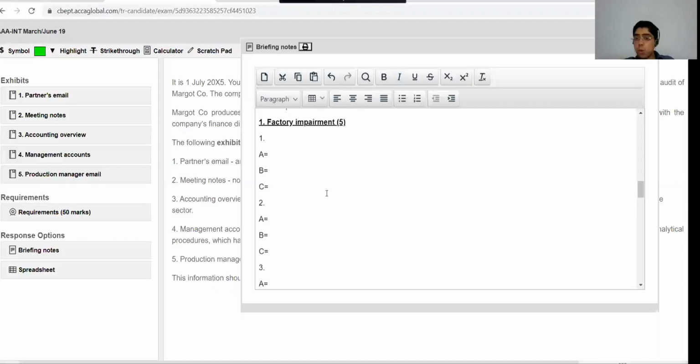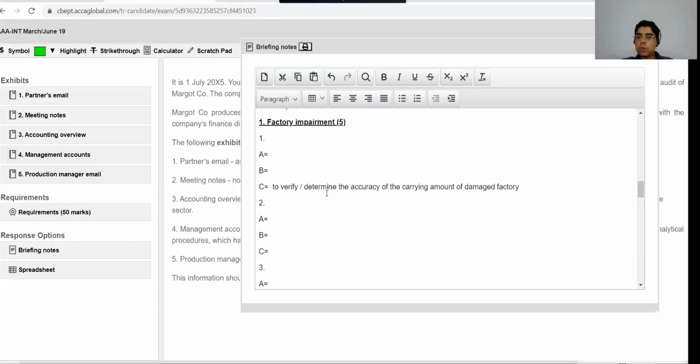C is what the auditor is looking for. So you need to verify or determine the accuracy of the carrying amount of the damaged factory, or flood affected factory, right?